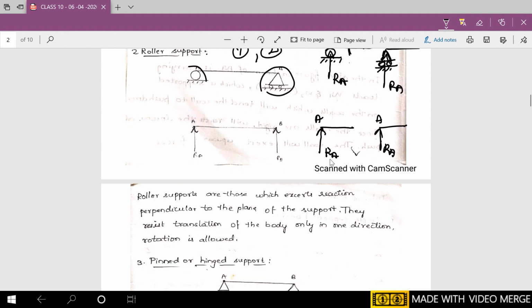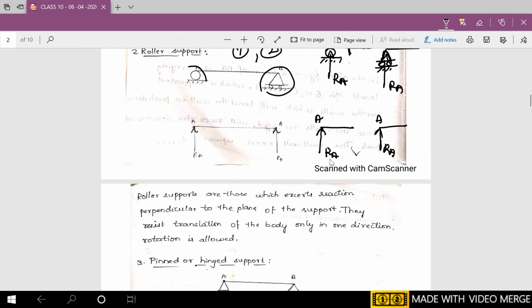Or the support may be placed in a vertical manner. So you have to write the representation in such a way that the support reaction is always at 90° to the point of contact or plane of consideration.